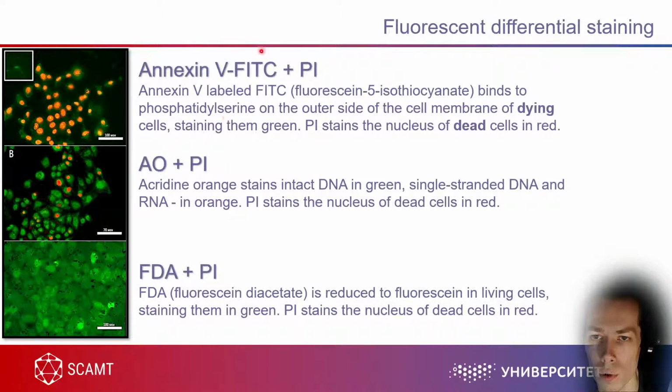And what's so special about this first one, annexin labeled with FITC, is that this dye can be used to stain cells in three different conditions. When you have just a green fluorescence, it means that annexin binds to phosphatidylserine on the outer side of the membrane of dying cells. So if your cells are just green, it's the first step of cell death. If some of the cells are green and red, it's some kind of middle process.